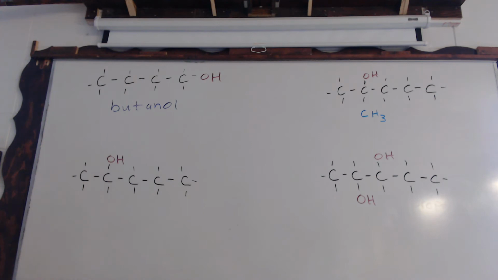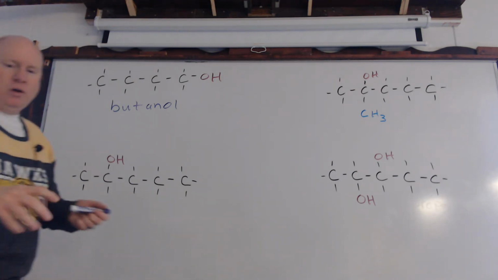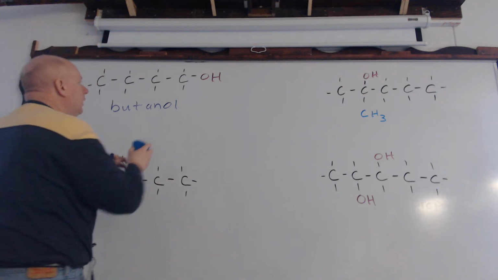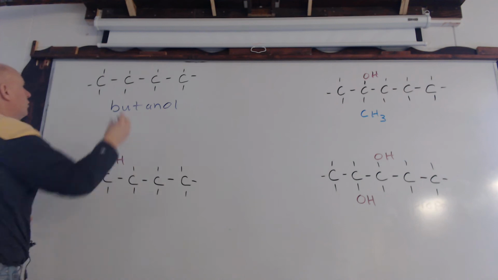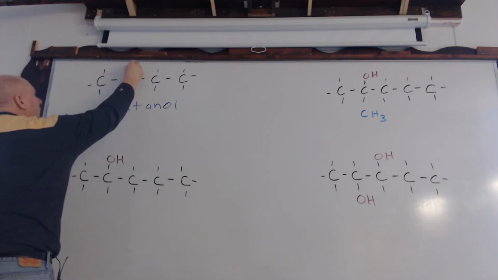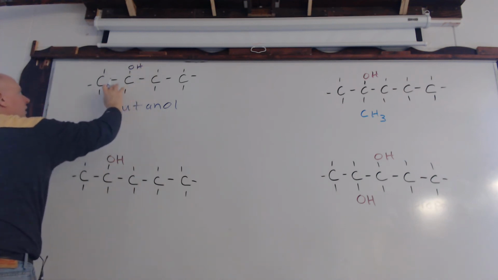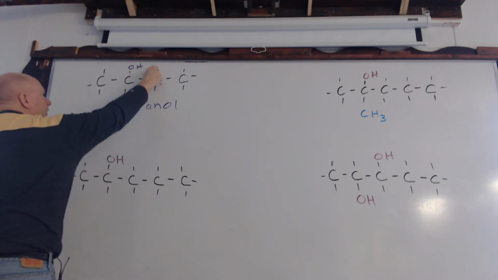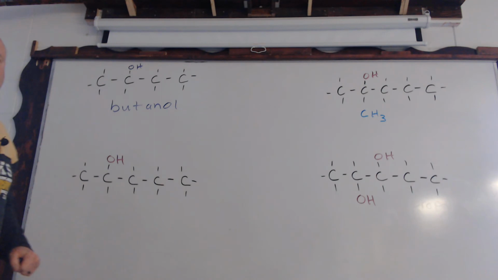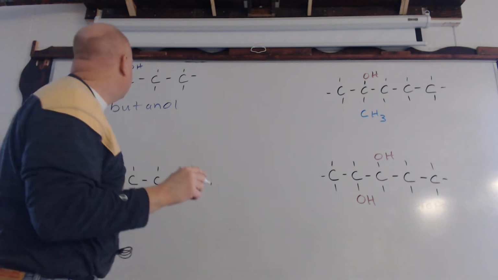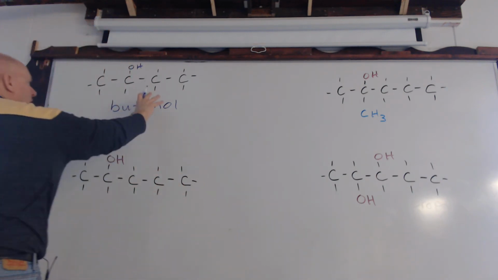And an isomer of butanol would be, if we take this OH group off the first carbon, we'll just put it over here. We can come in from the other direction, okay? If we put the OH group here or here, we'd still have the same compound, still on the second carbon. So we still have butanol.